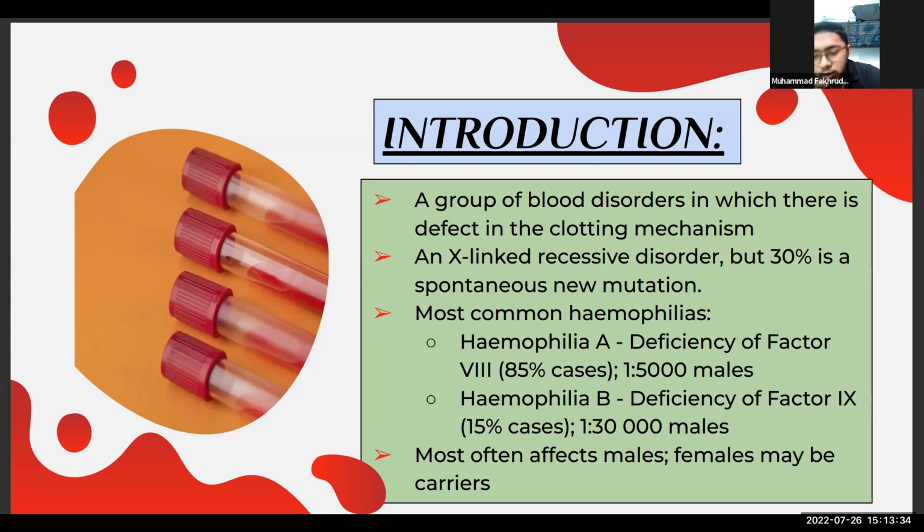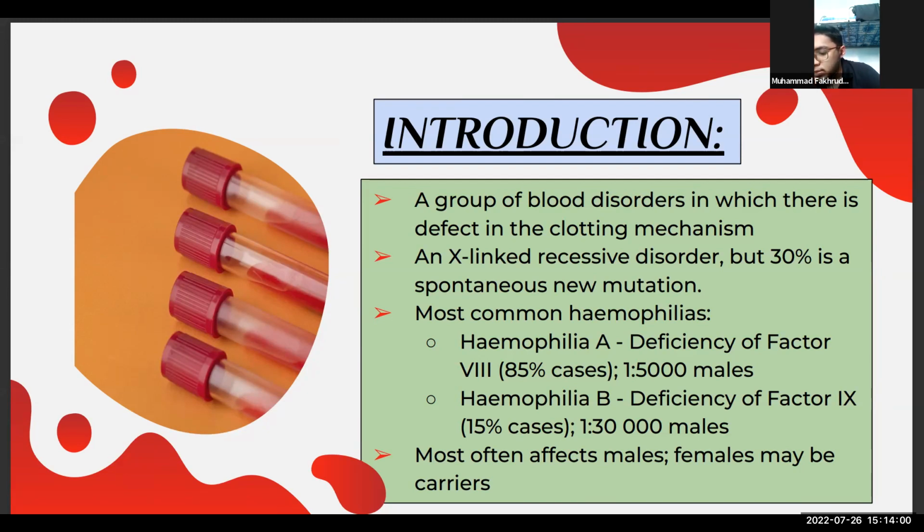In this topic, hemophilia is a problem involving the procoagulant or coagulant cascade, which has a defect in clotting factor. So when there is injury, the patient with hemophilia cannot stop the bleeding, so it will be dangerous.